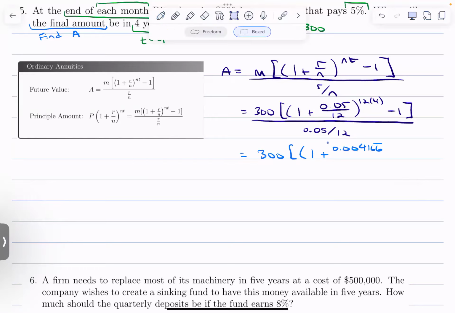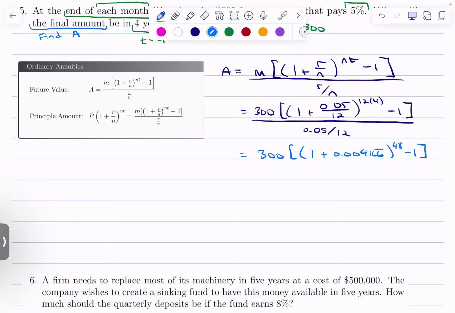Oops, that's not in the numerator anymore. 12 times 4 is 48. And then minus 1 divided by 0.004166, repeating.